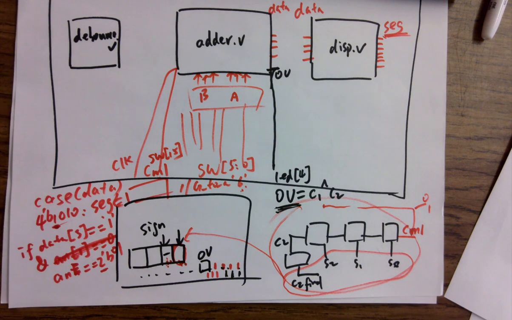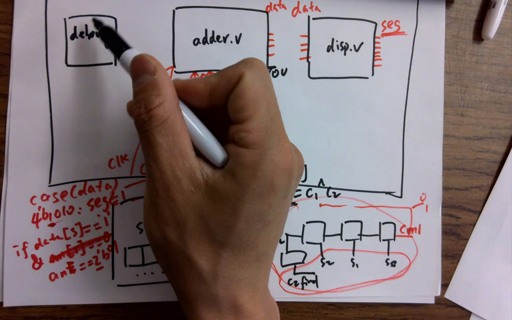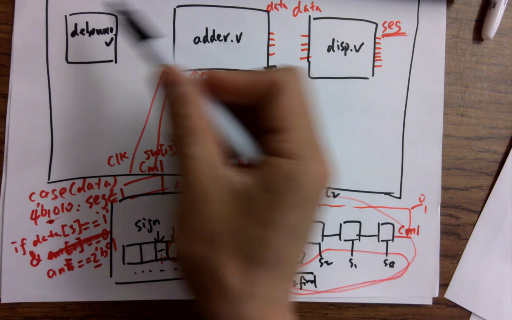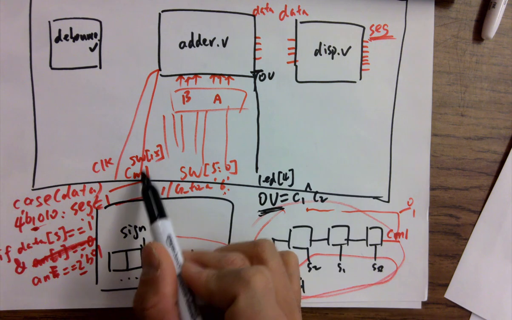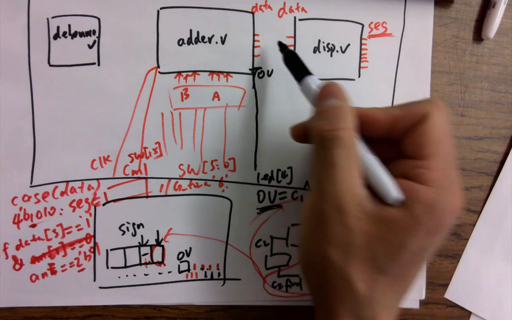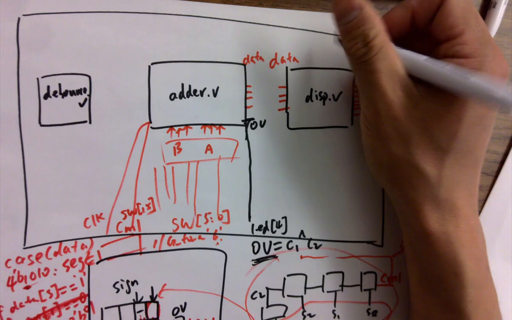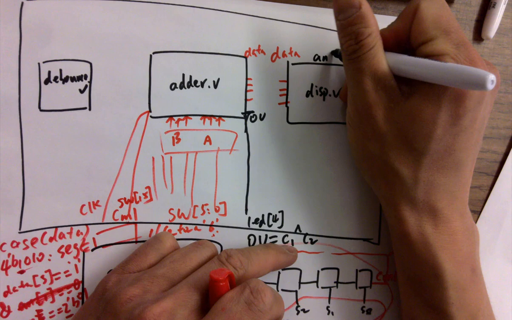For the first couple of tasks, without involving the serial in parallel out module, we don't need a debounce for the first one, just to make it work, right? So we need the adder, we got switches, we got a C-1, and we short it to the display, and the display needs ANs as well, right? You need ANs.